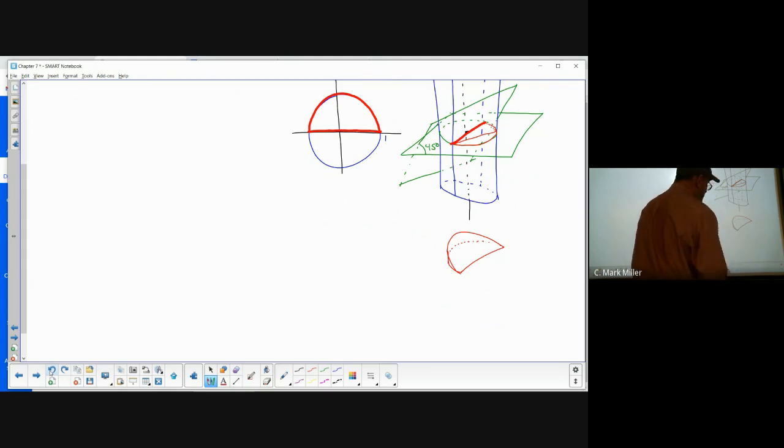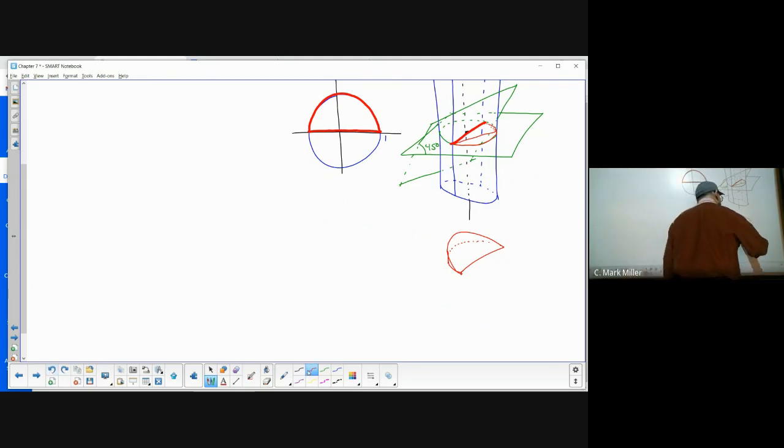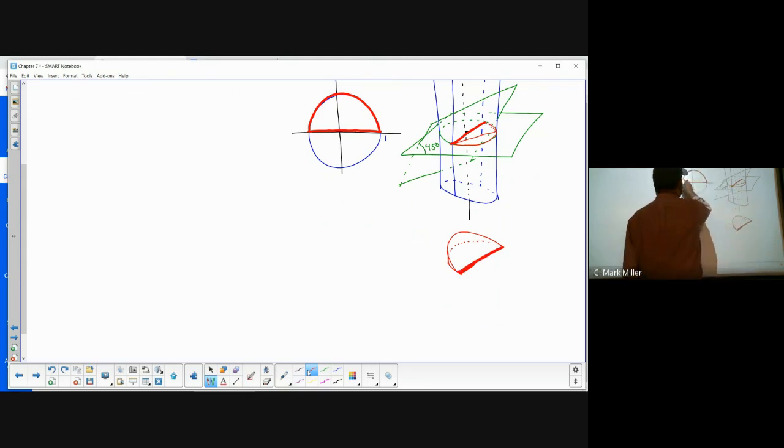Like that, like a wedge. All right. And this line right here is the diameter. That line there is this line here, the diameter. Okay. Yeah, it's pretty sad.